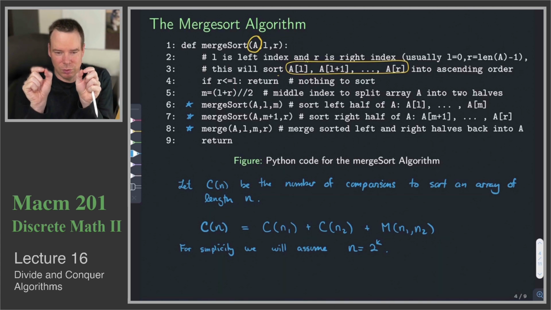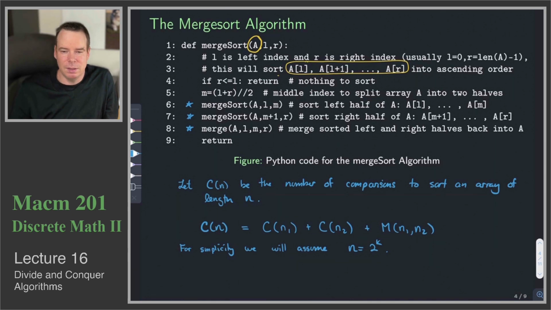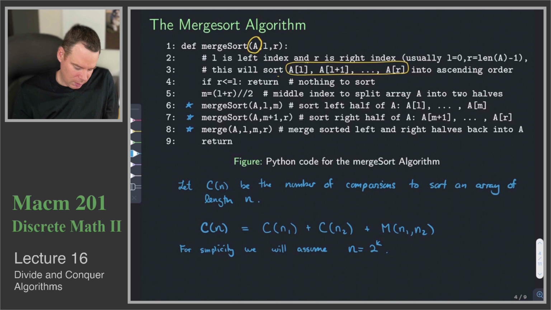But each of these individuals I'll recursively call, so I'll split those into two, and I'll split those and those and those into two. So at each time I'm halving the length of the array. So if I assume that the length of the array is a power of 2, then it's quite straightforward to split it in half each time. So I won't have to introduce any uneven sized arrays. So for simplicity, we'll assume that n equals 2 to the k.